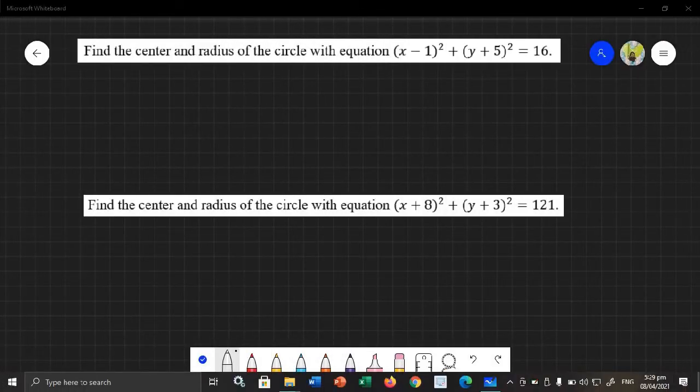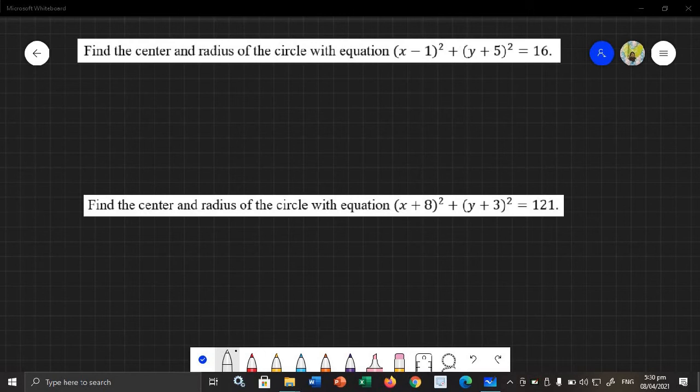How about if the situation will be reversed, no? Paano kung you will be finding the center and radius of the circle given its equation? So, kanina, ang given is yung center and radius and we are looking for the equation. Ngayon naman, we will be looking for the center and the radius given naman yung equation.